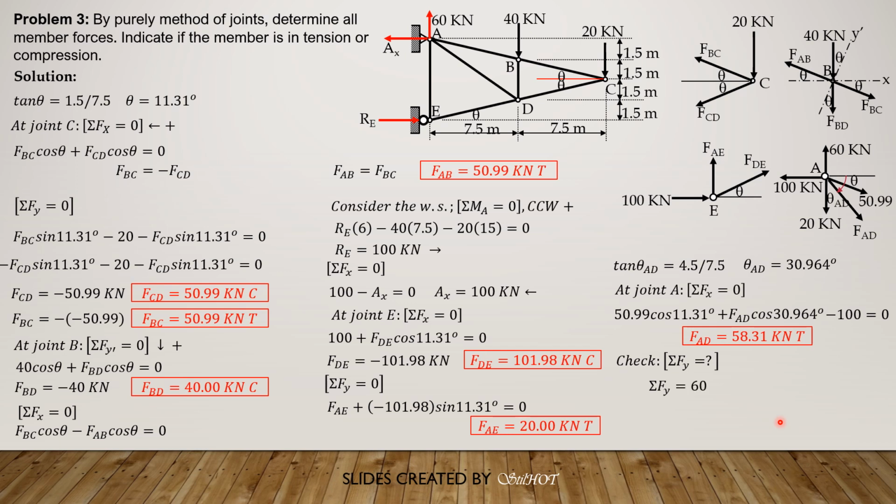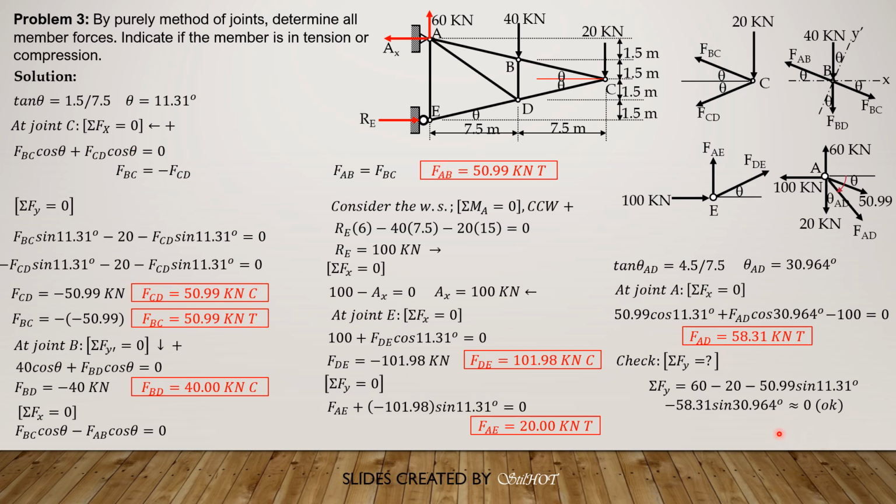So summation forces Y equals 60 minus 20 minus 50.99 sine of 11.31 minus 58.31 sine of theta AD, which is 30.964, then the result is almost 0. So that means our calculations are correct.